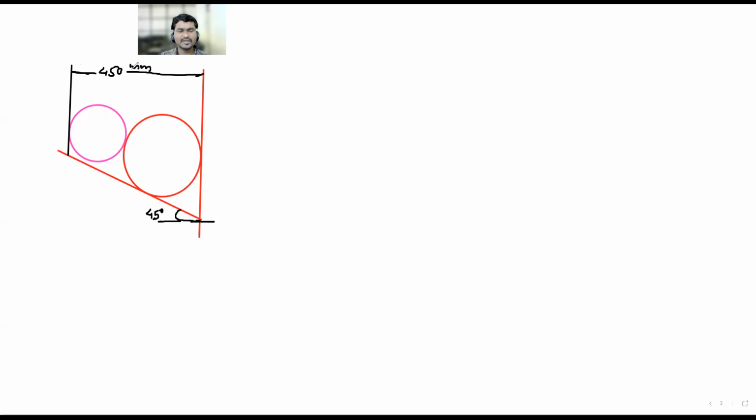All dimensions are in millimeters. I would like to consider this sphere as P and this sphere as Q. The radius of sphere P, the smaller one, is 100 millimeters. The radius of sphere Q is 150 millimeters.